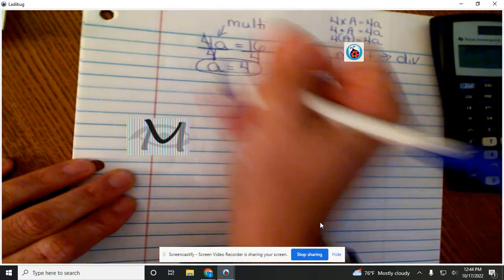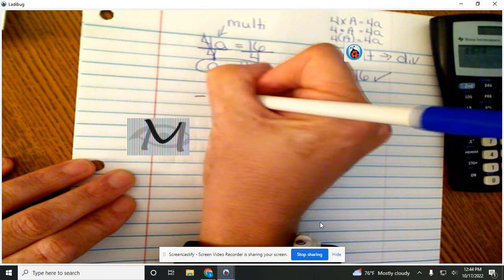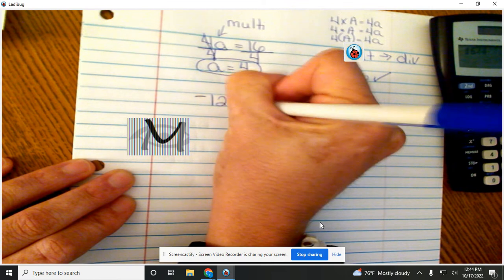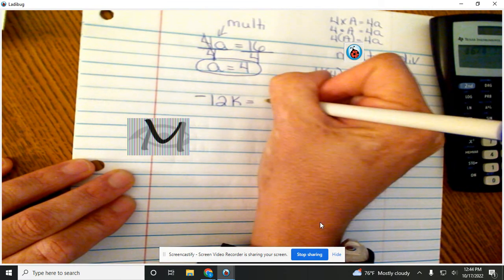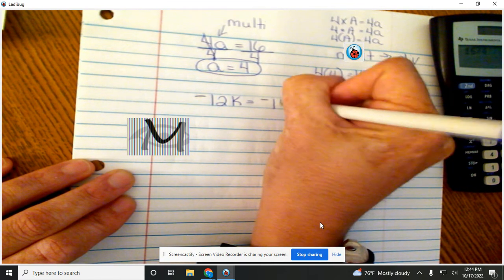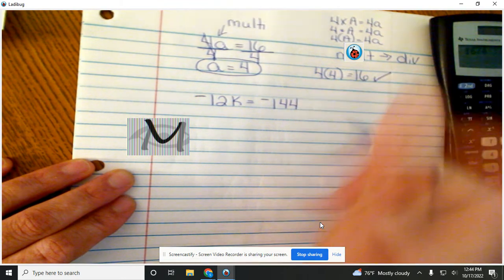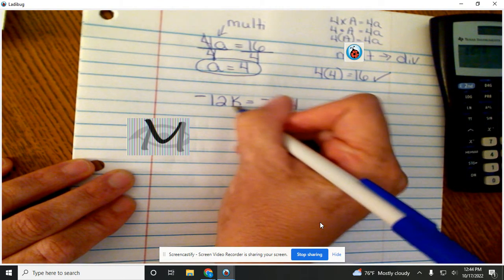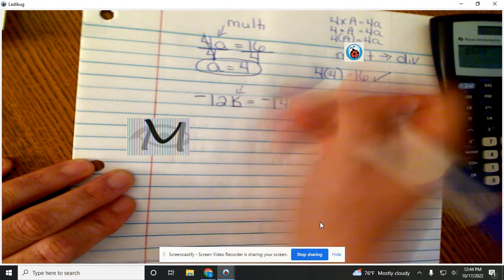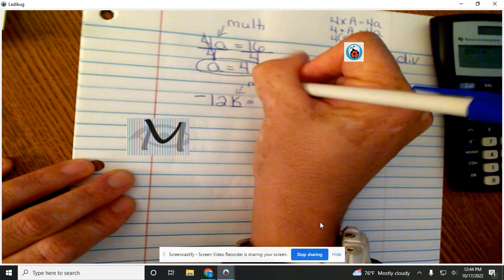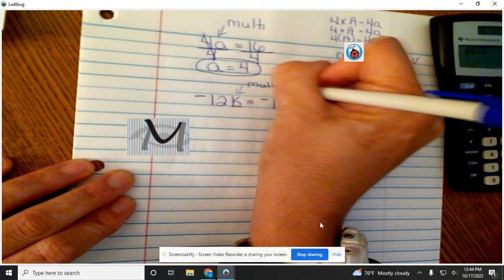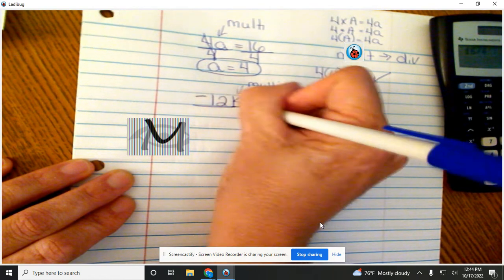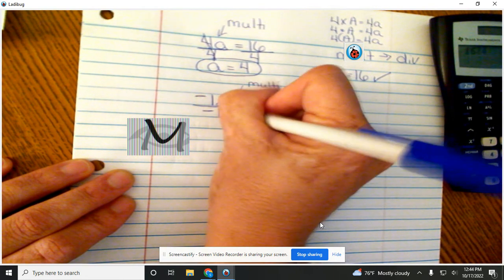We'll do one more for multiplication. So I have negative 12k equals negative 144. To get k by itself, we know that this is multiplication once again. So we're going to divide this by negative 12.